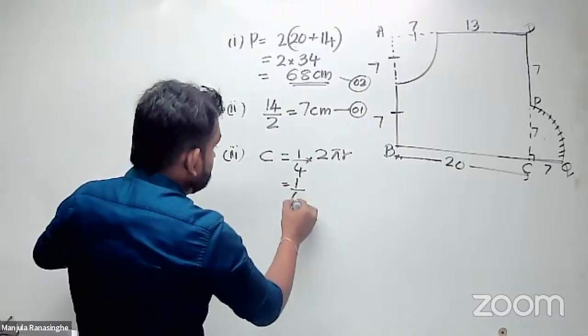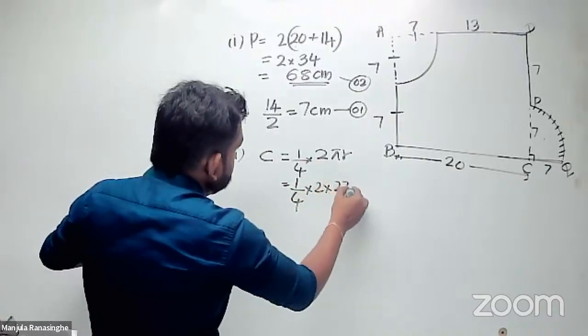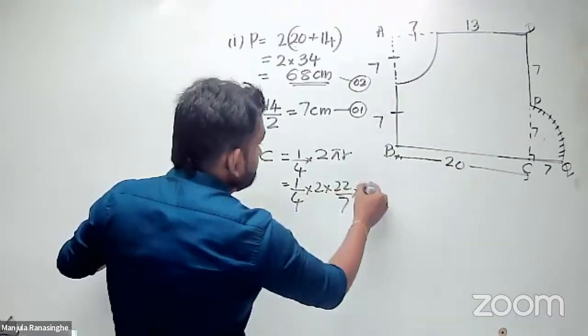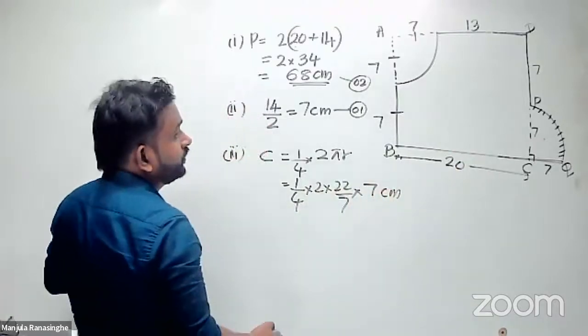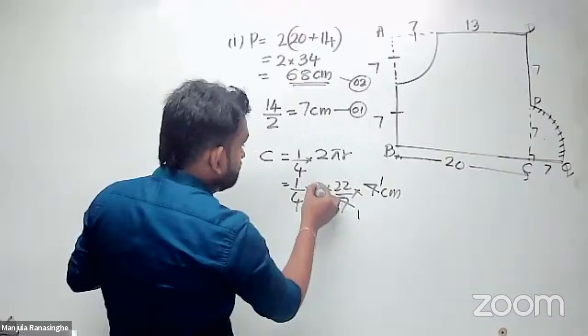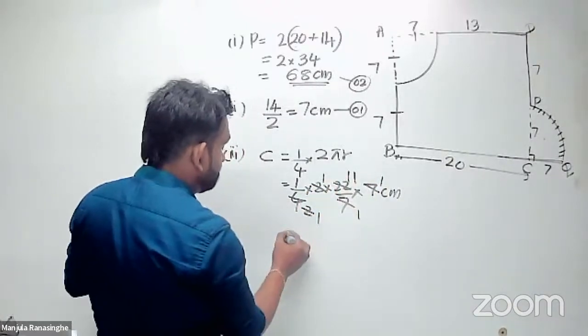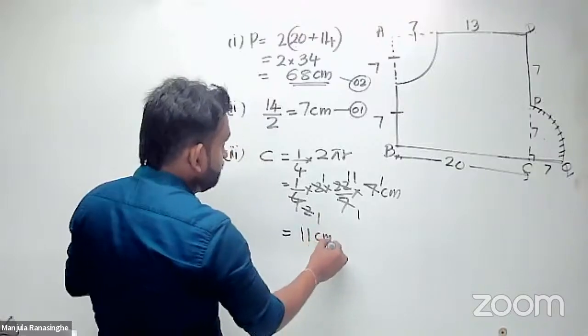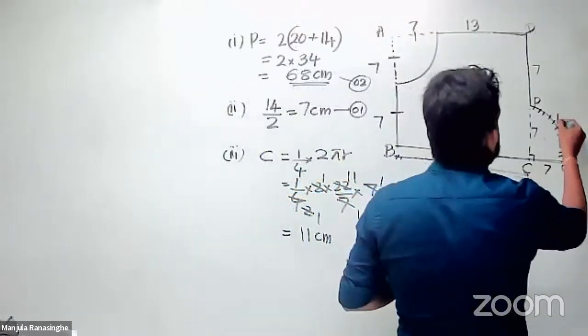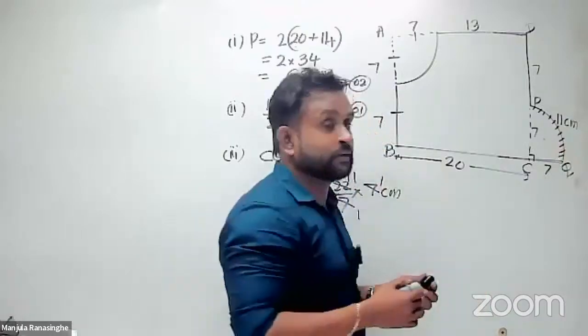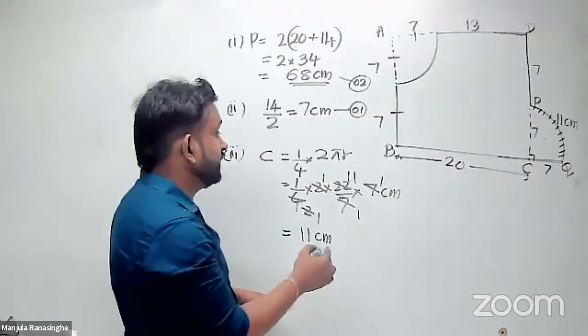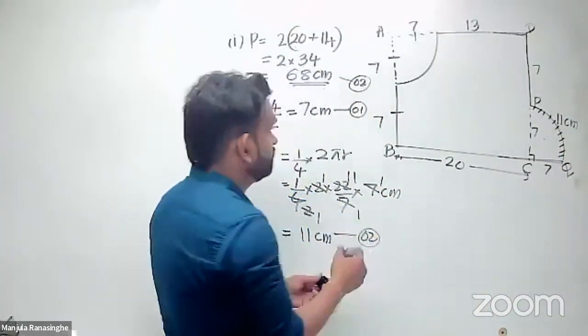So 1/4 into 2 into 22/7 into R. R is 7 centimeter. Okay, 7 ones 7, 2 into 22 is 44, divided by 4 is 11. So what is the answer then? 11 centimeter, that is the arc length. Finding that one, you have 2 marks.